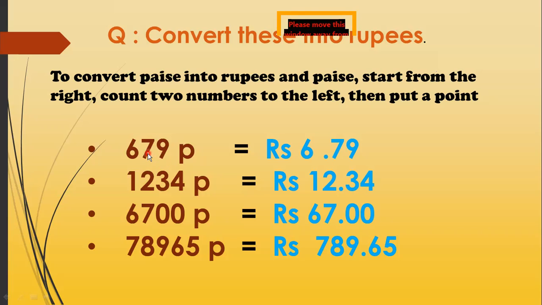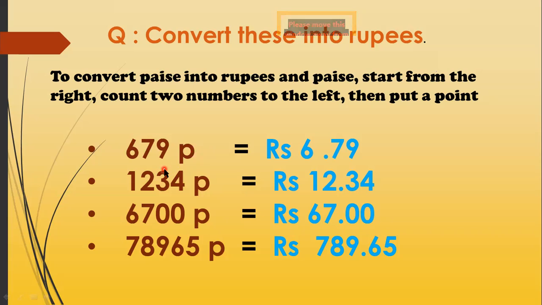After two numbers to the left, we will place the decimal. So here we get rupees 6.79. As we have converted this paisa into rupees, we will write the unit of rupees before the numbers. Remember that we write the unit of rupees before numbers and the unit of paisa after numbers. Okay, beta, got it?